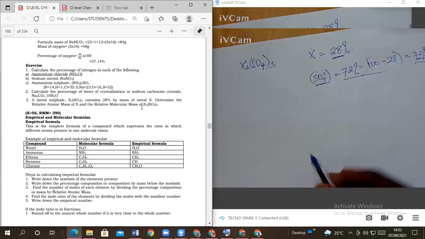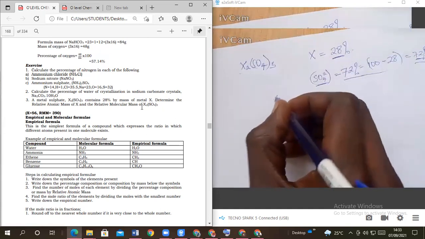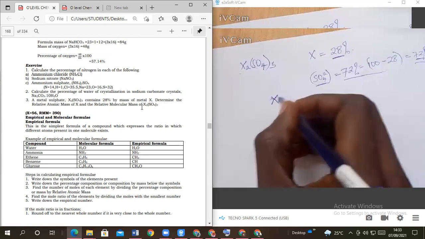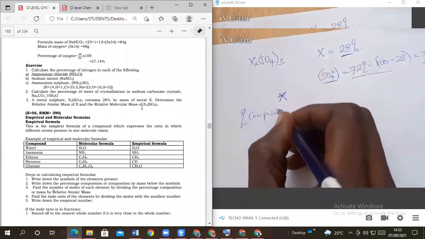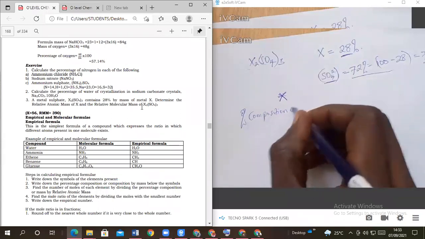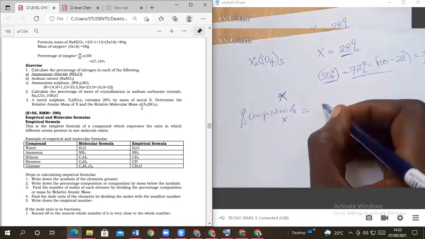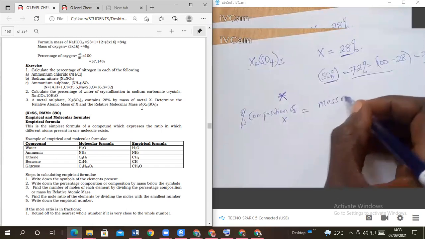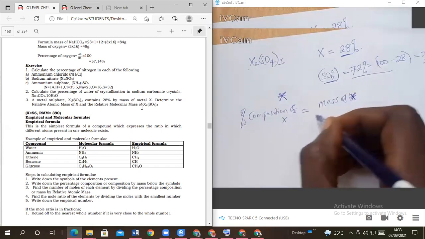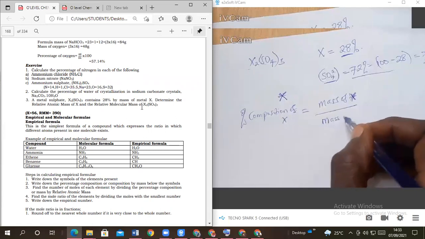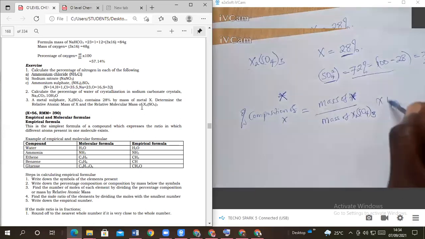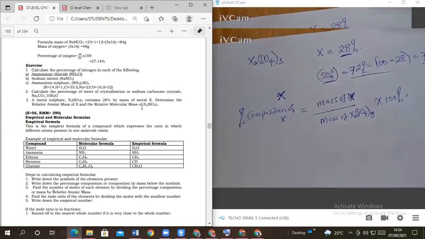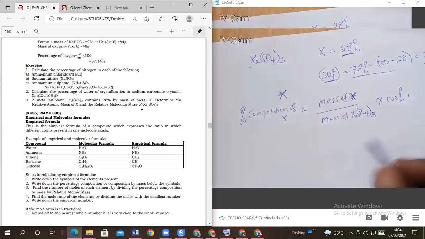So here, what you do is a metal X. We know that from percentage composition, the percentage of X is the same as the mass of X, because we don't know it is X, out of the mass of the whole compound, which is X2(SO4)3, times 100%. So now the percentage of X is 2. We don't know X. There are how many 2X's, isn't it?